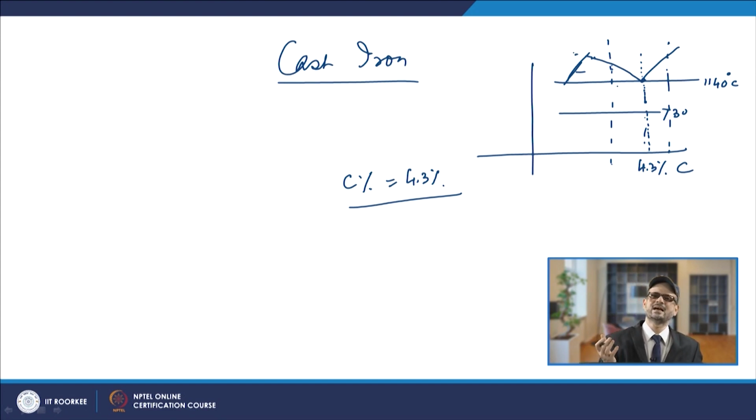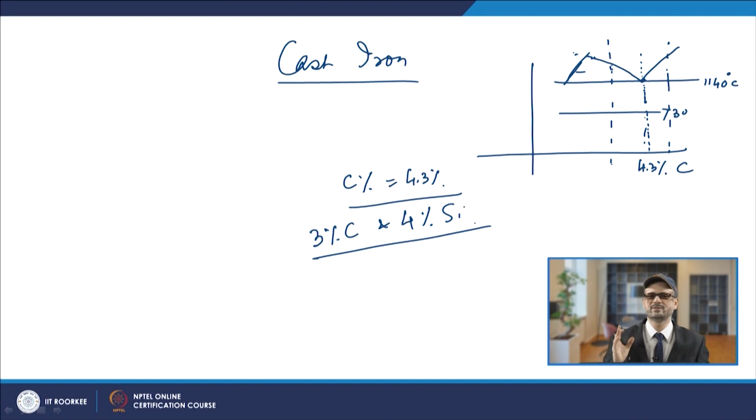It was seen that if you take 3% carbon and 4% silicon, you also get the eutectic composition, with solidification in the eutectic manner. In the normal case you would have got the eutectic mixture at a carbon composition of 4.3%, whereas with 3% carbon and 4% silicon you also get it.